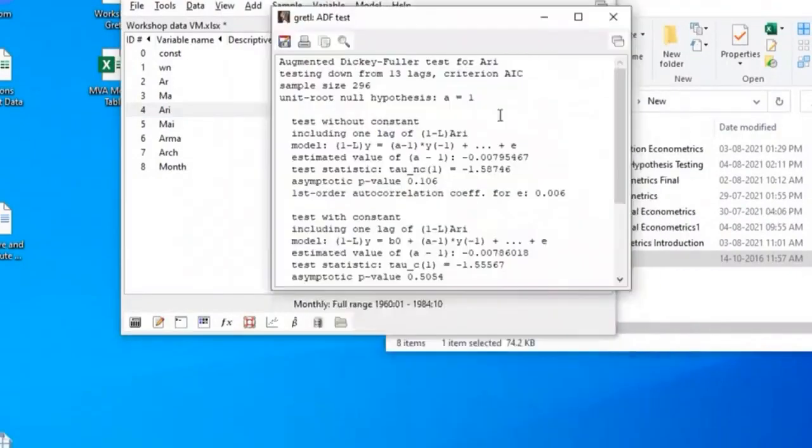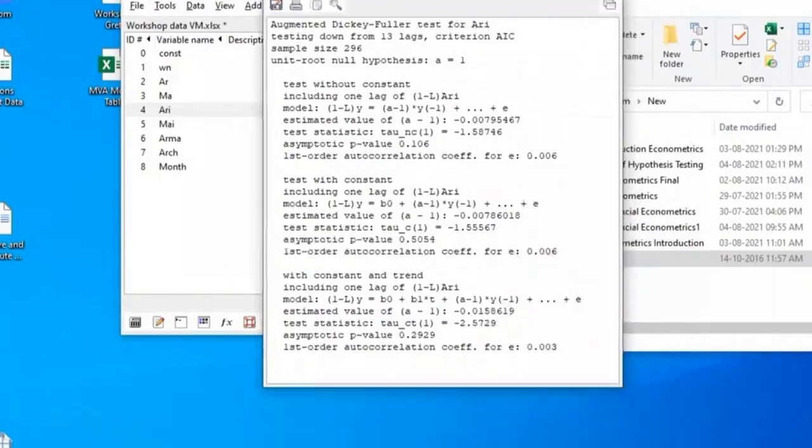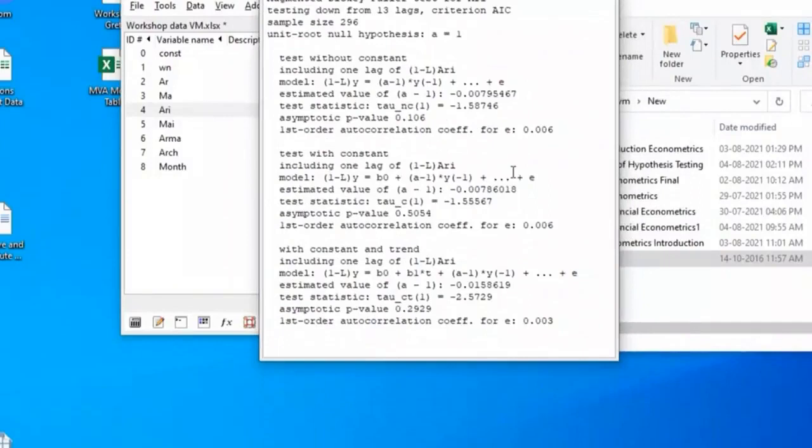We get the result here. And see the p-value. What do we find? All the p-values are above 5% significance in all three cases. This one and this one and this one. So that means we are not rejecting the null hypothesis.